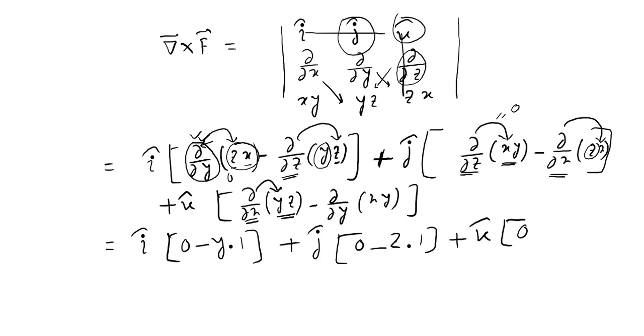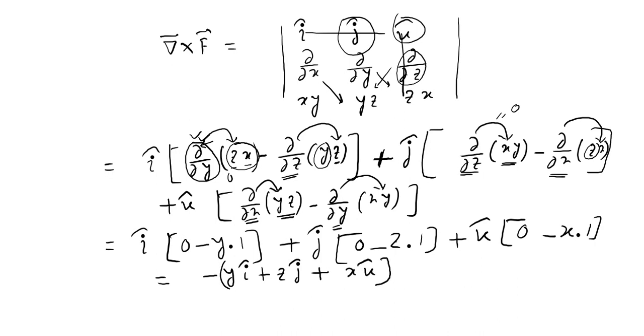So it is 0 minus this is del del y. So it operates on the y and gives you 1. x remains as it is. So x into 1 you will find. So it's basically minus y i cap or minus z j cap minus x k cap. So if I take minus common, it will say z j cap plus and plus x k cap.